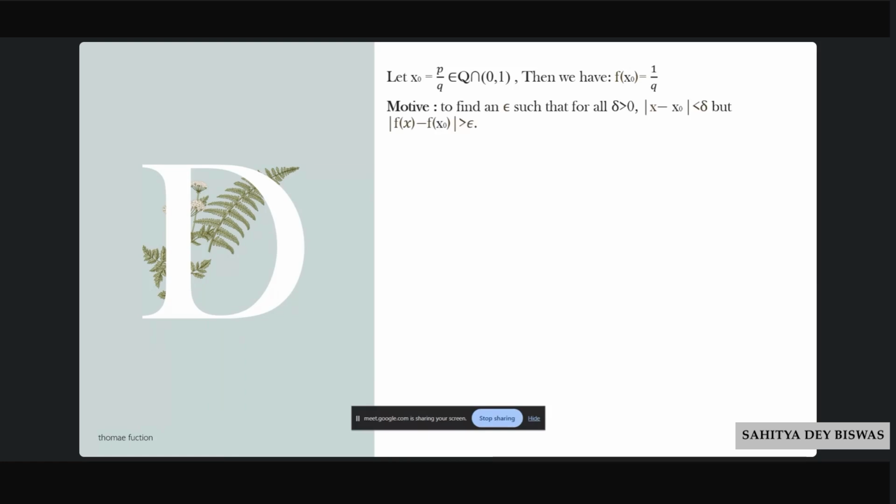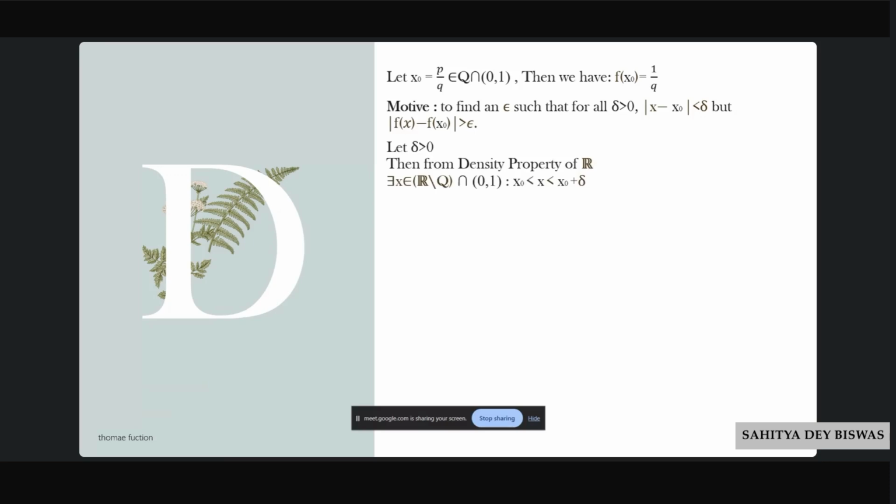Now we have to find an epsilon such that for all delta greater than 0, mod of x minus x naught is less than delta, but mod of f x minus f x naught is greater than epsilon. So let delta be greater than 0.